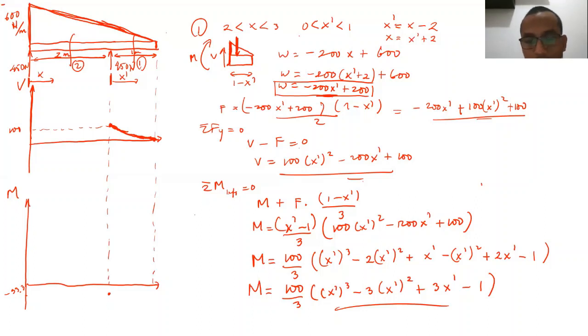Okay. Actually, in order to draw the graph perfectly, we're supposed to put one value in the middle, for example, at x(n) equal to half.